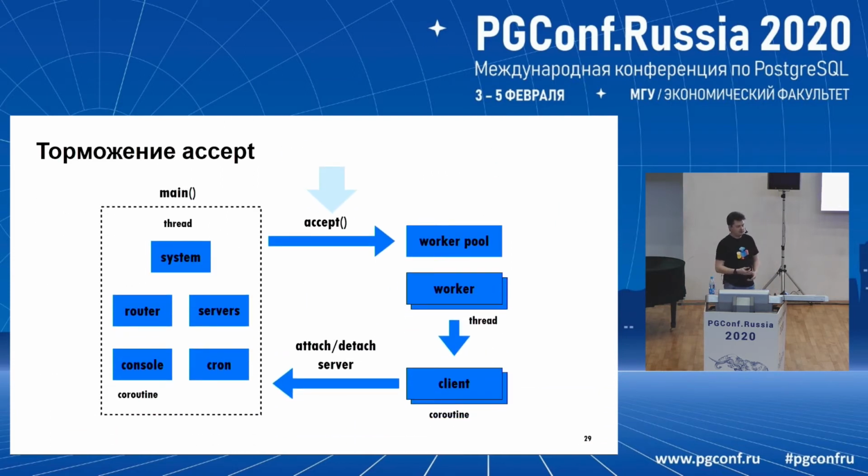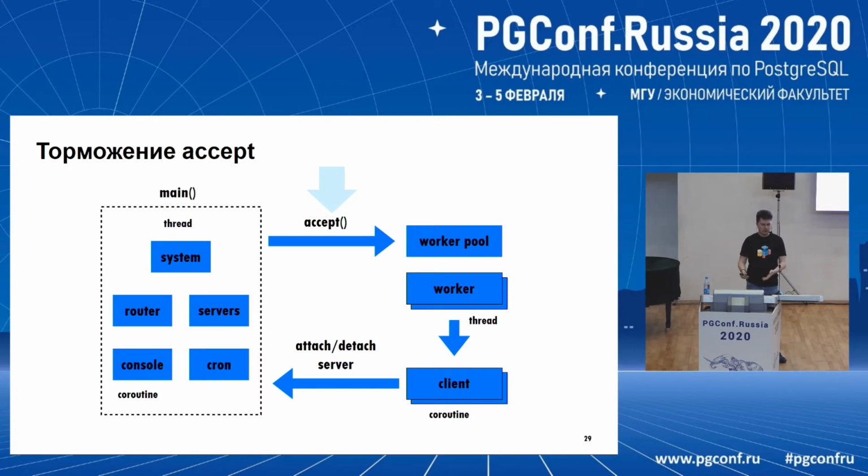We solved this problem, but another problem emerged when 20 or 30,000 incoming TLS connections come. The pooler will accept all the connections, and then it will start TLS with each one of them.